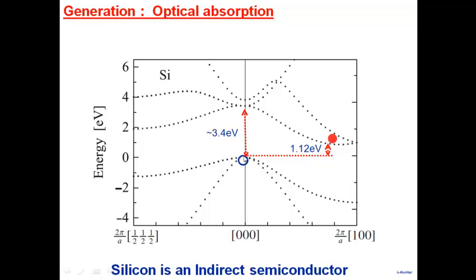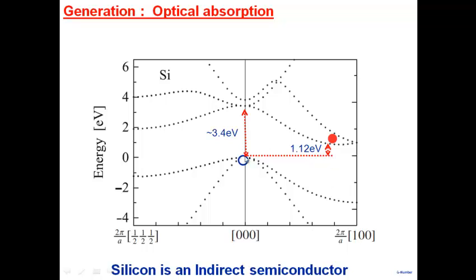So the way an electron can still go here is that the absorption becomes a process which involves not only an interaction of a photon with an electron, but also a phonon, a lattice vibration. And phonons, we have seen, are available with very high momentum values.